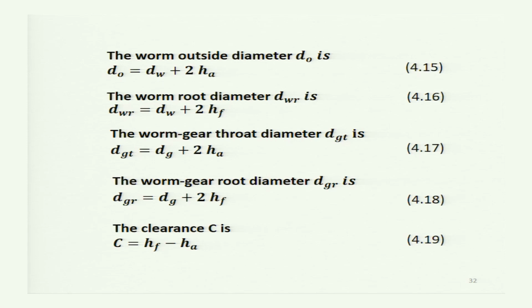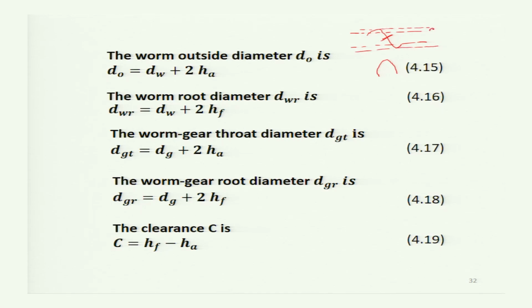The worm outside diameter. The pitch cylinder of the worm is like this, and the thread is moving in this way. Okay, and when you see the thread from this section, the normal section, it will look like a thread like this. So it will have an outside diameter like this.